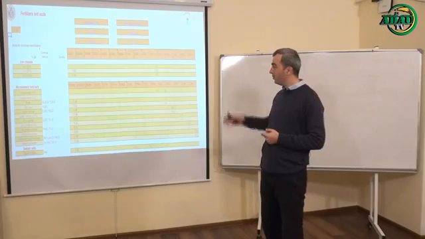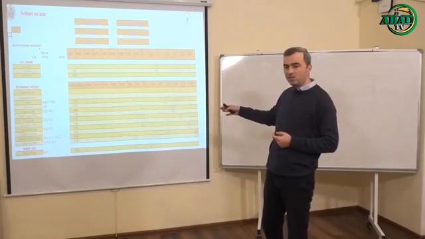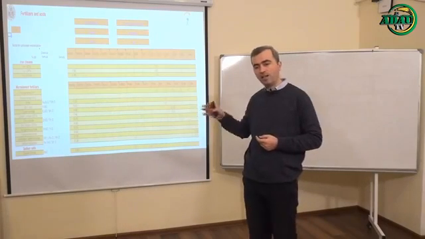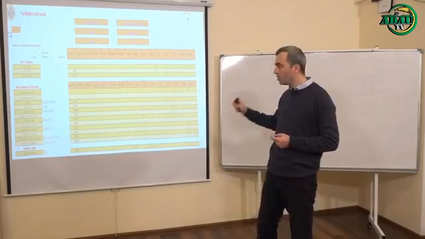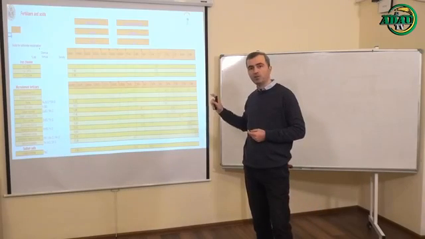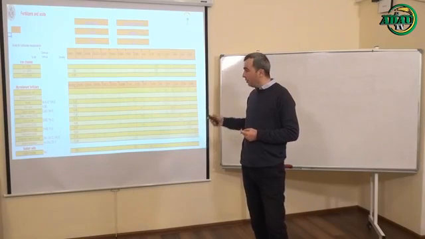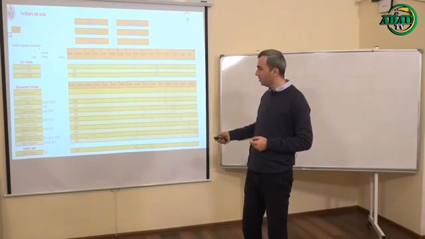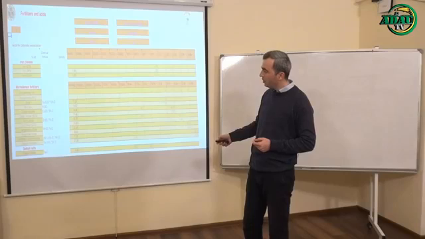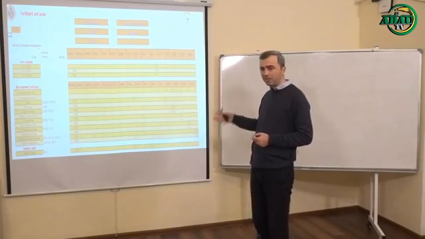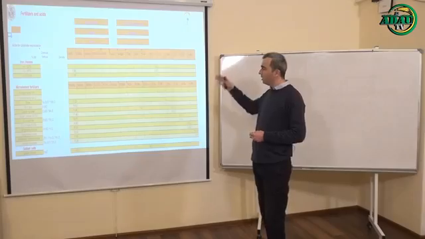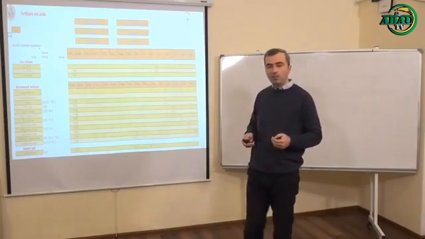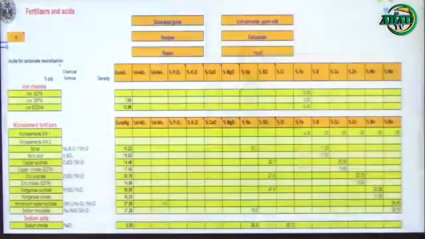So next step, this system gives you a chance to calculate the cost of your nutrient solution. Based on the prices on the market, you can put the prices per kg or per liter of each nutrient, and it will calculate what your final solution will cost.